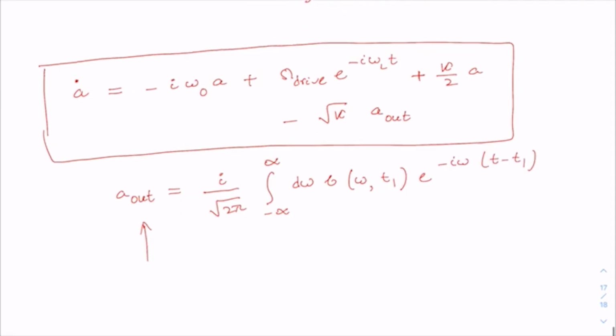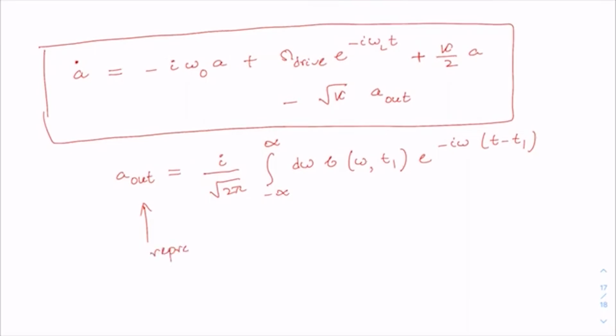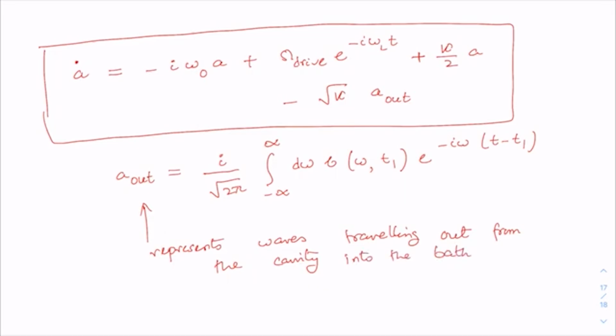This represents waves traveling out from the cavity into the bath, and intuitively you can see that this makes sense, because now we are going to the final time from some instant of time t.